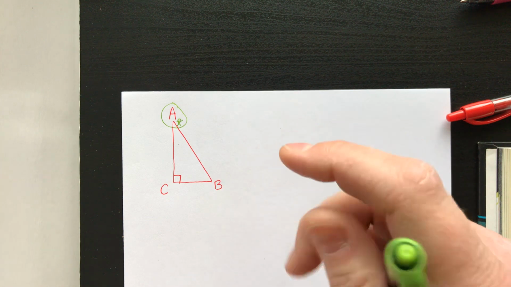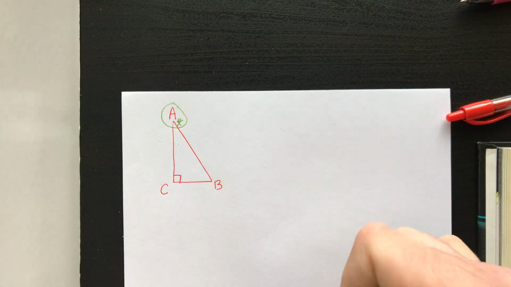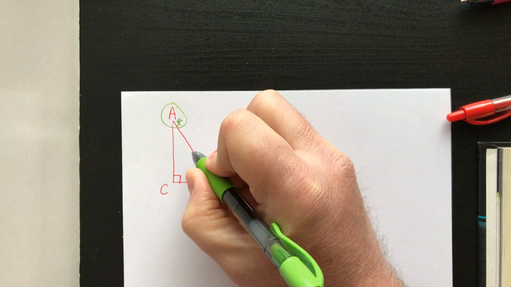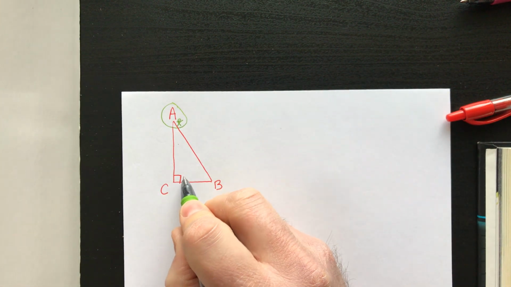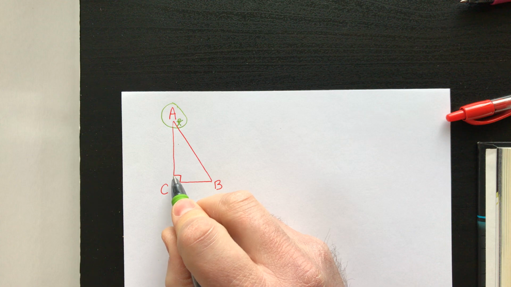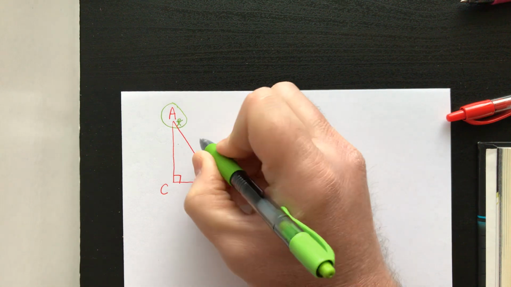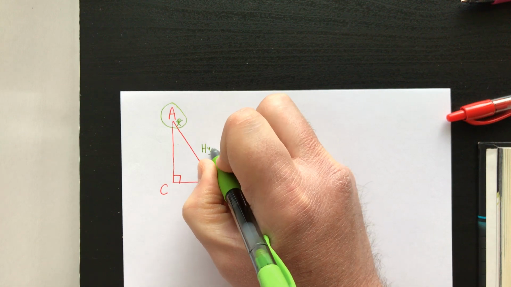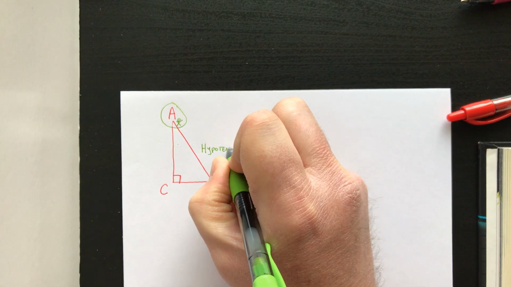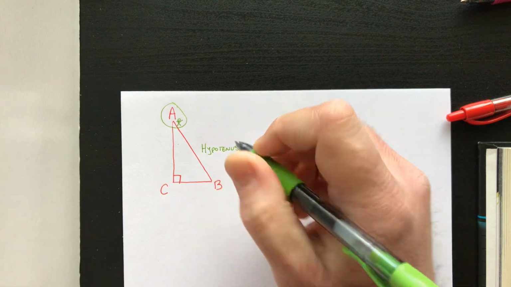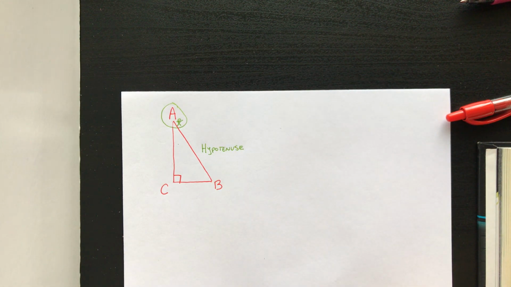Well, one of the sides is super simple, all right? This side, which is opposite the right angle. It's opposite the right angle. This little arrowhead always points to the hypotenuse. And I'm always just going to abbreviate that as H whenever I'm naming my sides, okay?